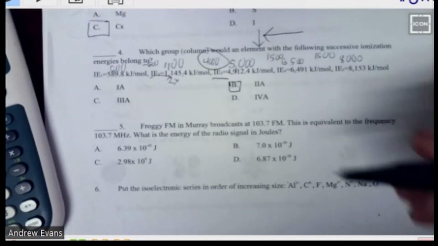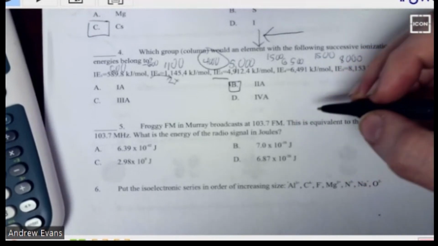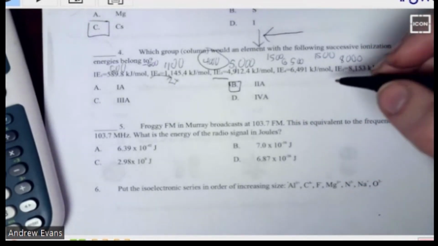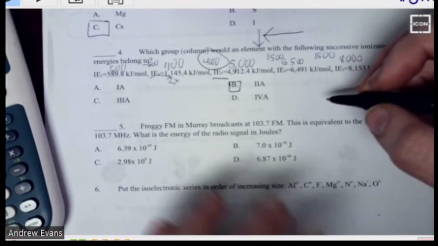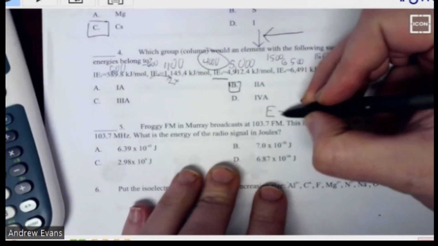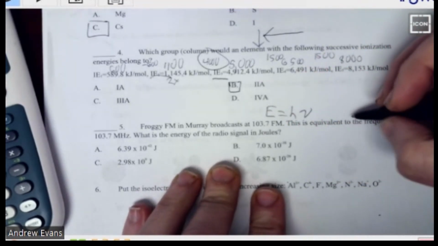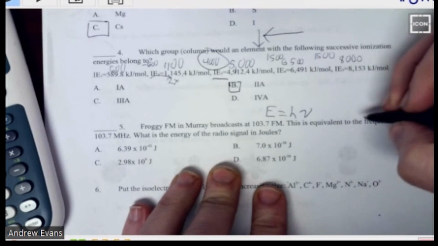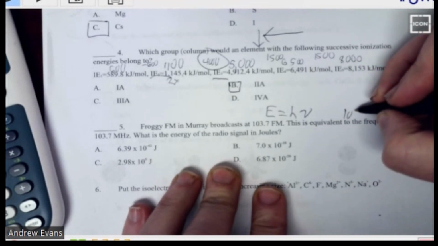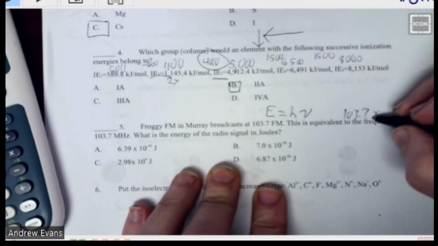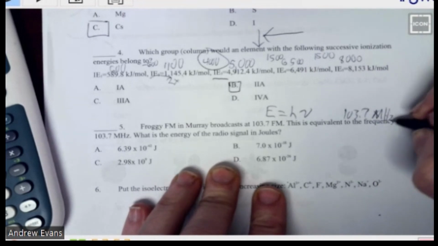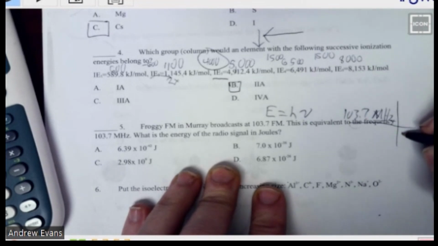Froggy FM, broadcast in Mercury at 103.7 FM. That's in megahertz. What energy is this? So E equals h nu. Nu can be in inverse seconds or hertz. So 103.7 means 103.7 megahertz, and in 1 megahertz, there are 10 to the 6th hertz.